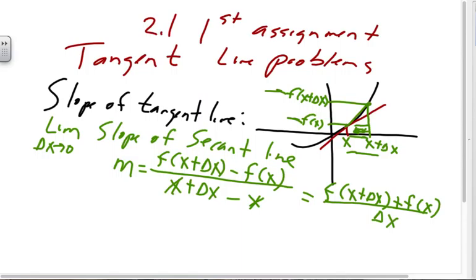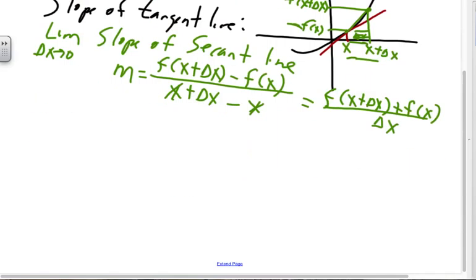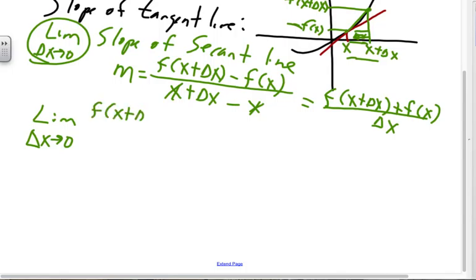And this should look awfully familiar because this is basically what you've been doing up until this point. So now all we need to do to find the tangent line is find the limit as delta x goes to 0. So we do the limit as delta x goes to 0 of f of x plus delta x, minus f of x.